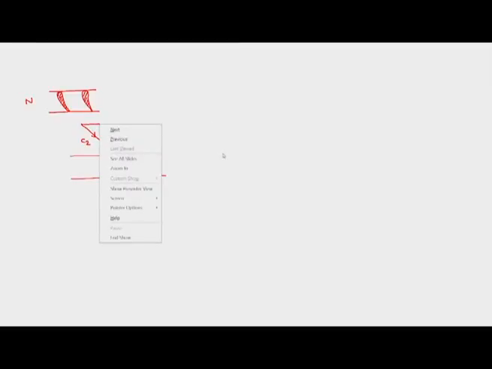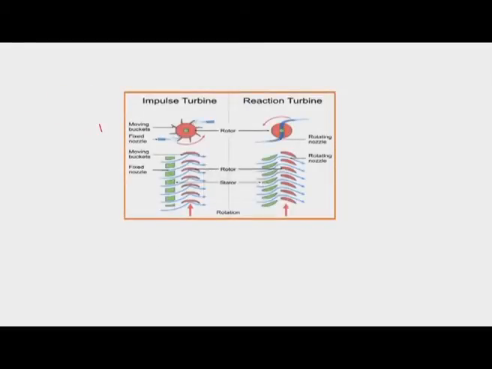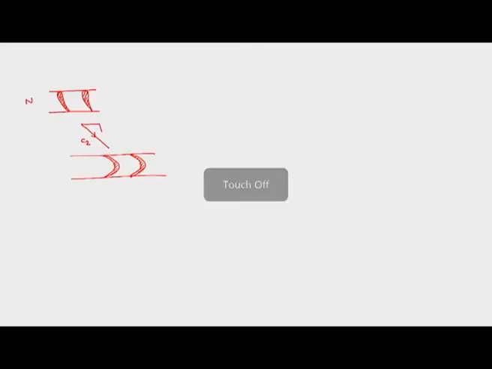What would be happening here is that we have the u velocity in this direction, and that gives us the relative velocity. From the nozzle, the flow approaches the rotor with absolute velocity C2. So let us draw the rotor blades. The rotor blades will be like this.